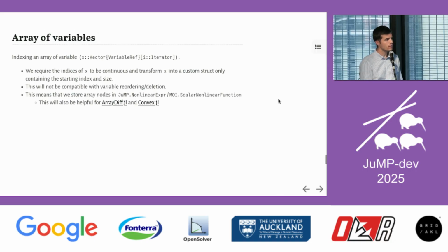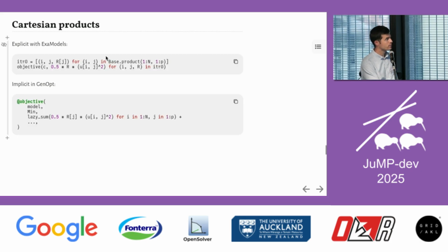The last issue was array of variables. So when you index, here U is a matrix of variables, when you index this with iterators, if you want to do this indexing efficiently on GPUs, it's much better if you know that the first element has some index, and then the index of all the other elements is just shift by 1 along the rows and shift by number of rows along the columns, for instance.